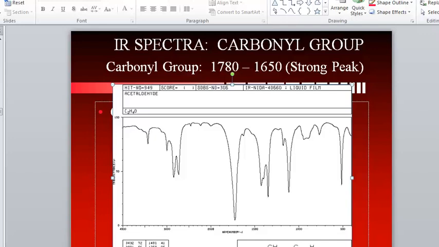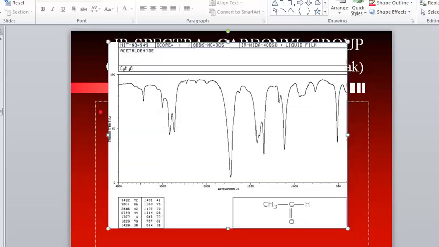Now, that's just one piece of at least two pieces that we're going to eventually talk about in upcoming videos, because carbonyl is a functional group, but under the carbonyl umbrella, there are plenty of different functional groups that fall into that category. If I take a look at this infrared, this is the infrared of what we call an aldehyde.